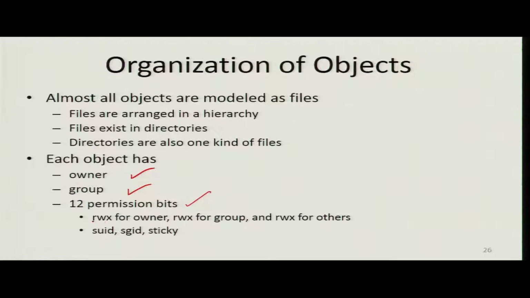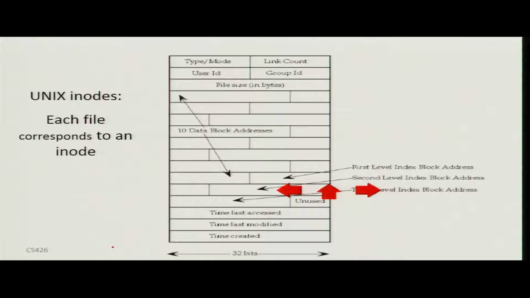You have the owner permission bits: read, write and execute; group permission bits: read, write and execute; and for other or the world: read, write and execute. Other than these 9, you also have what is called an SUID, SGID and sticky bit, and we will see what they are, and especially this SUID is very important in Unix processes.